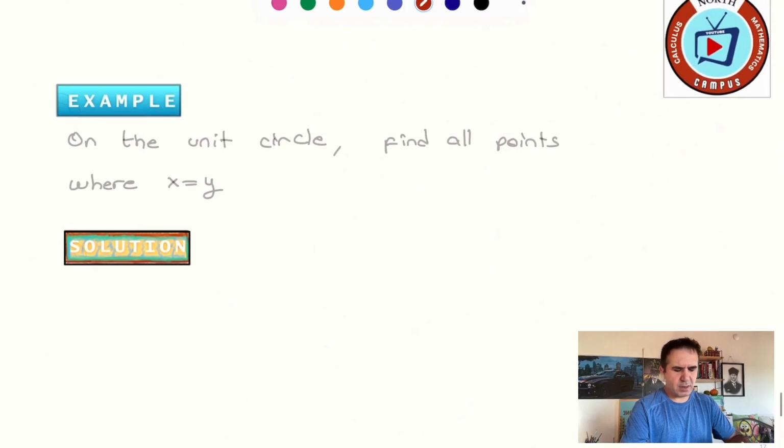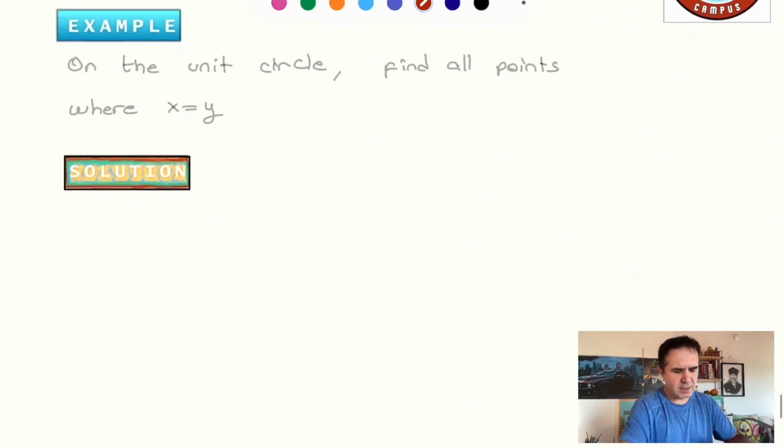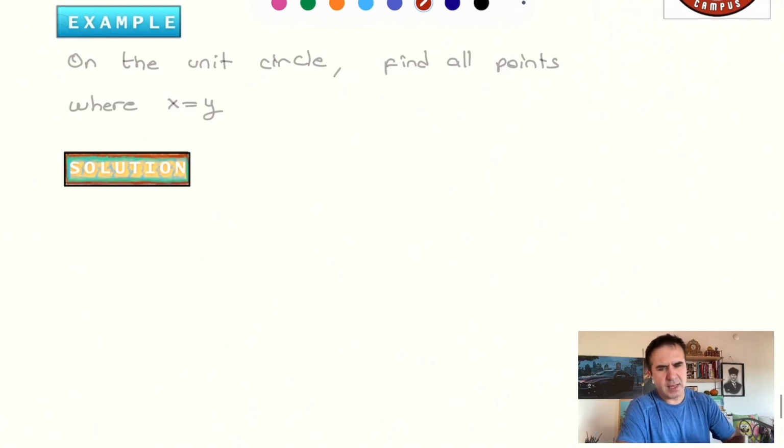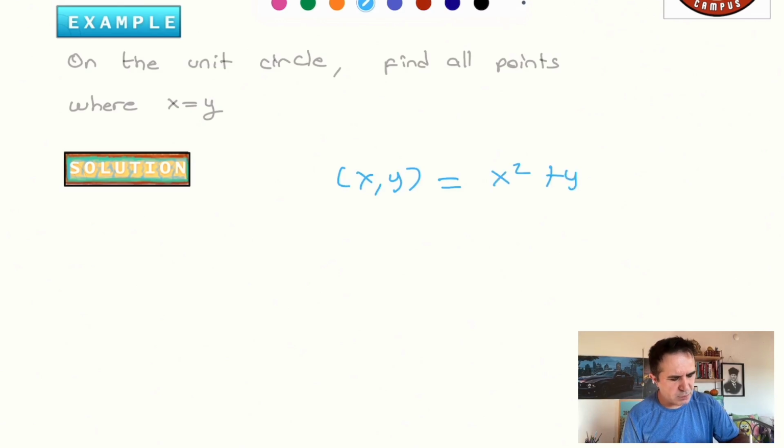Next example, on the unit circle, find all points where x equals y. Again, on the unit circle, every point x and y must satisfy the equation x squared plus y squared equals 1.